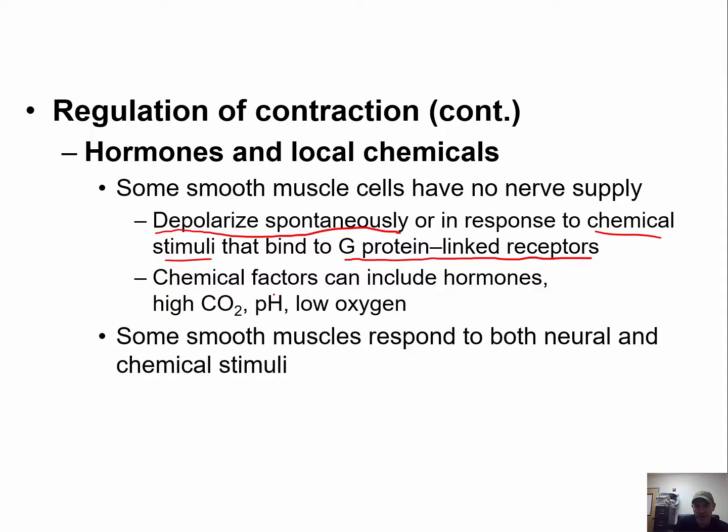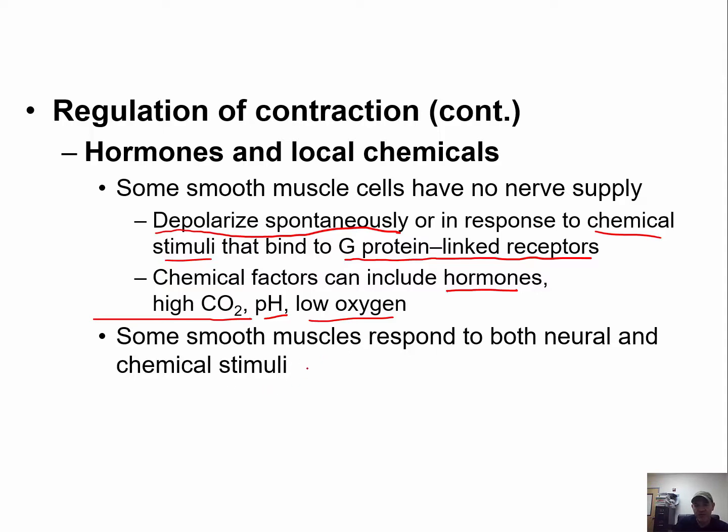The chemical factors we're talking about can include hormones, carbon dioxide, changes in pH, and oxygen levels, which can stimulate a response in the smooth muscle.